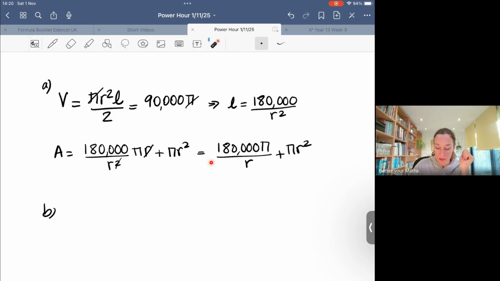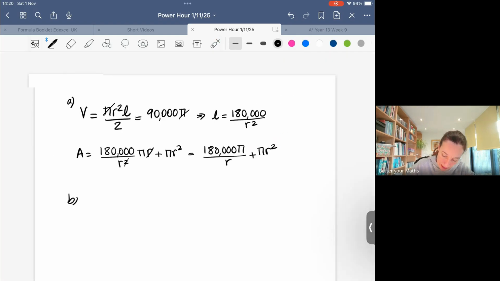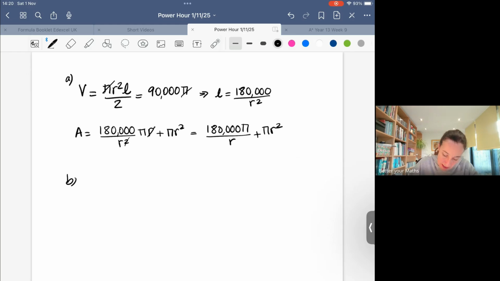So let's differentiate this expression. I'm going to bring this to the numerator as r to the minus 1, because we are more familiar differentiating that way. So the area is 180,000 pi r to the minus 1 plus pi r squared.